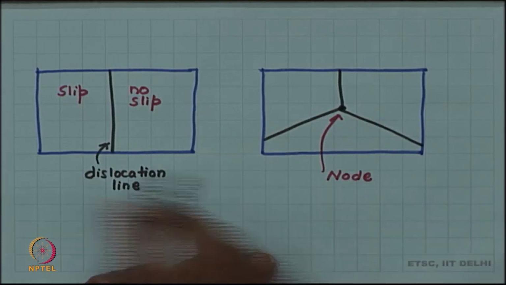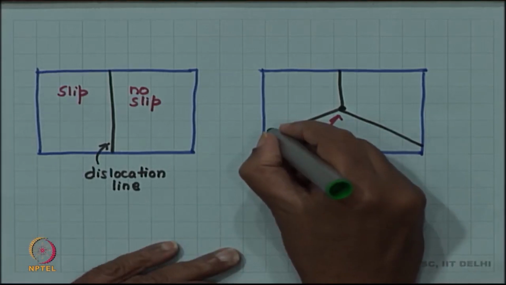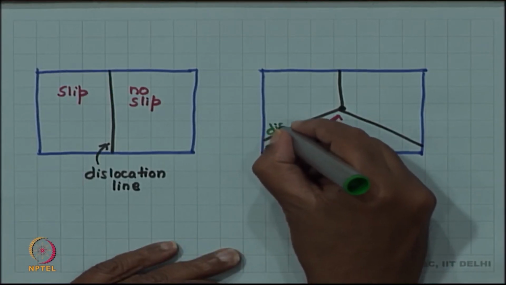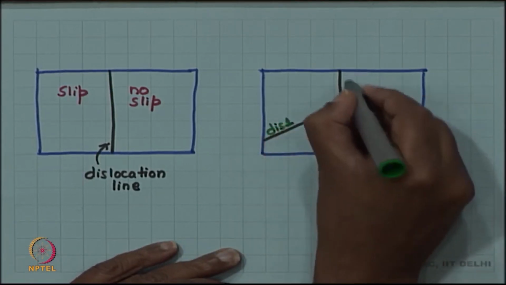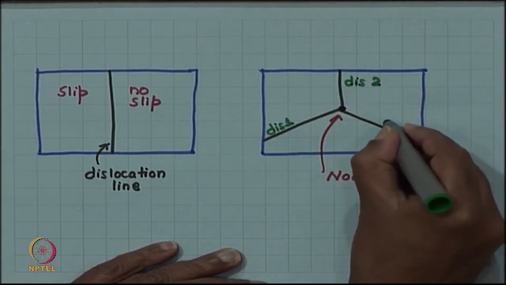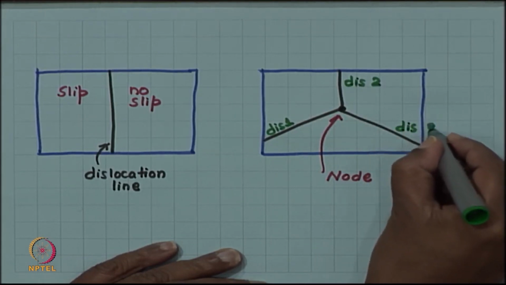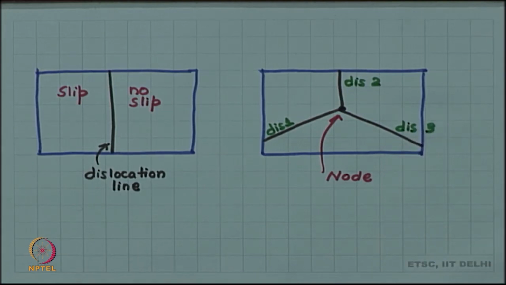So, this is a node, this is, let us call, dislocation 1, dislocation 2, and this is dislocation 3. So, 3 dislocations are meeting at that node.